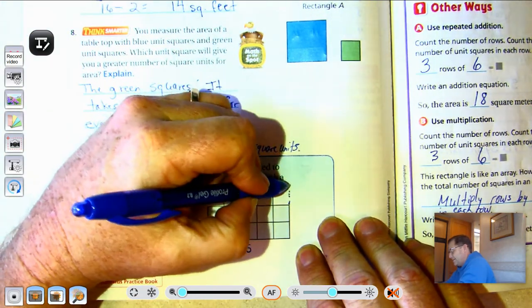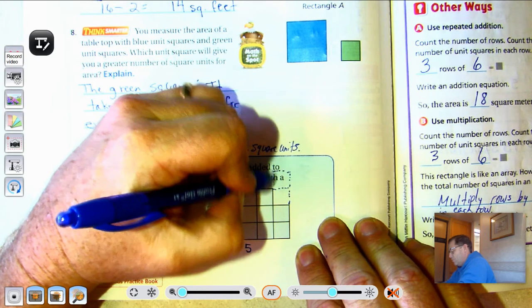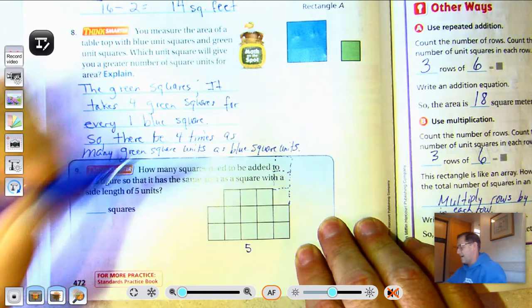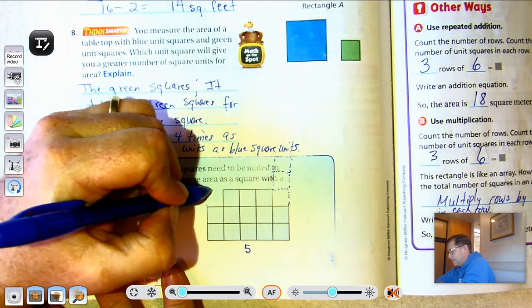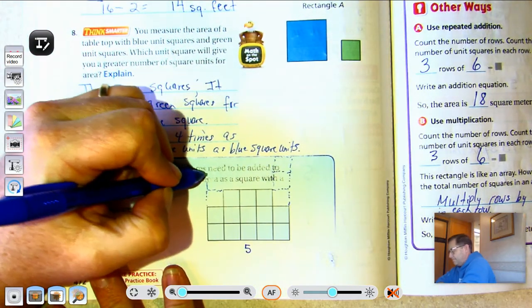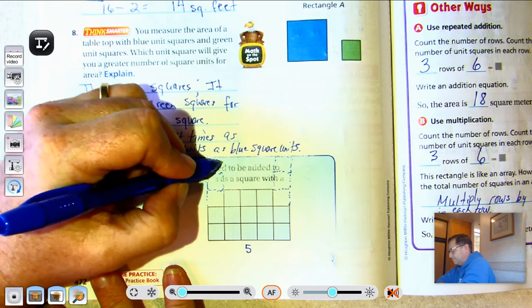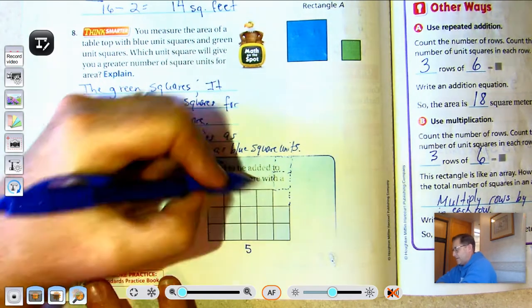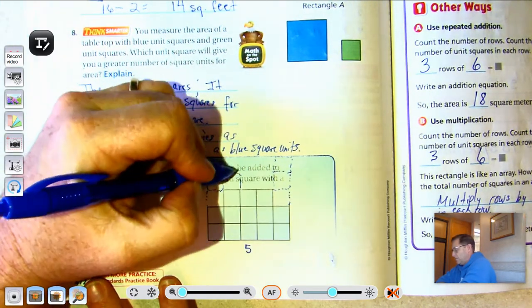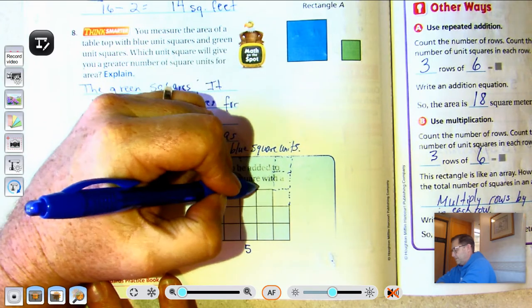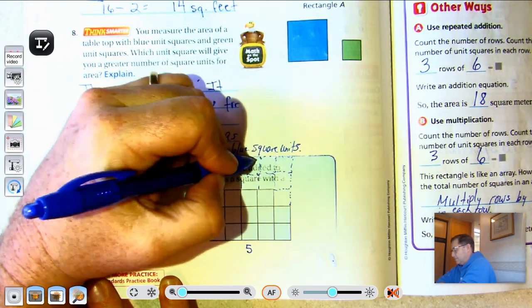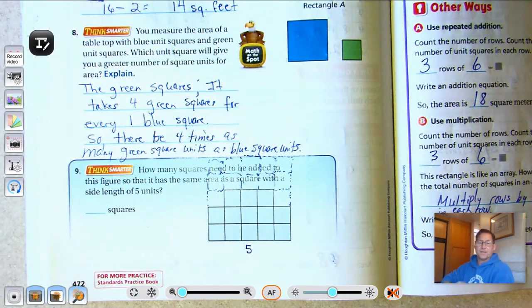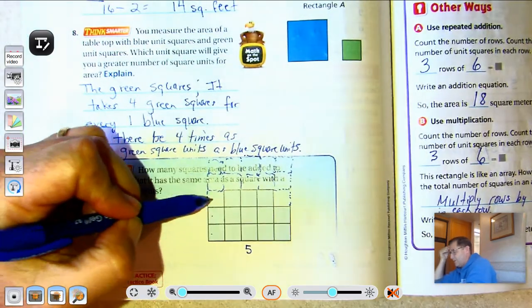That's 3, 4, 5. So I have to add 3 there, 3 there, on this side, I mean. This side has 3, so we can go 2, okay? So if we did that, that would be 1, 2, 3, 4, 5.